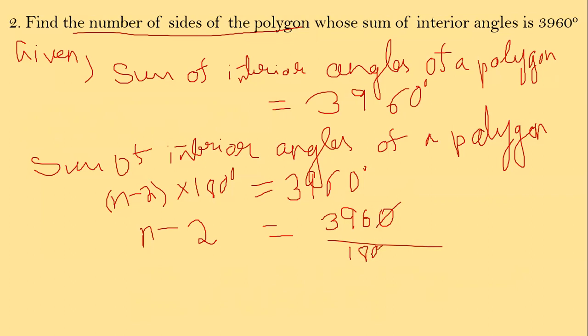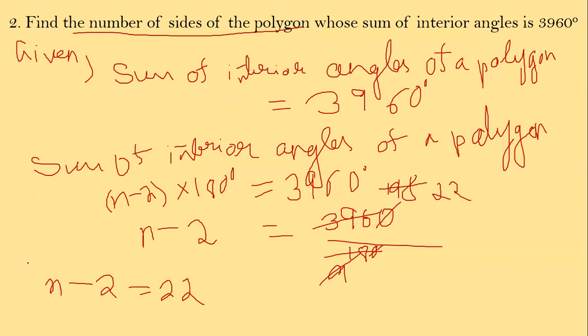The 0 gets cancelled, 9 twos are 18, and again 9 twos are 18, so it is coming as 22. So what we are getting is n minus 2 equals 22.